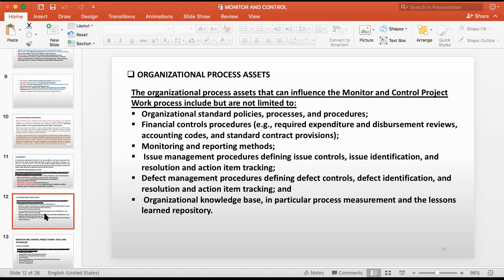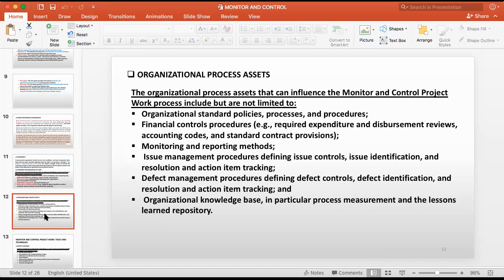In the organizational knowledge base, in particular, there are defect management procedures, defining defect control, defect identification, resolution, action. So those are the procedures. There are some defect management procedures and grievance procedures. If the people have some problems, there's a grievance management system. All these things are in many organizations.